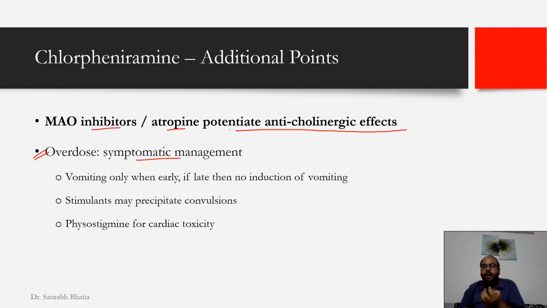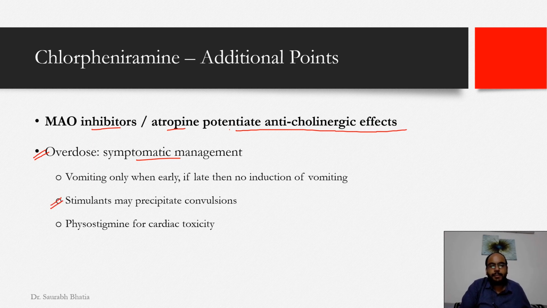There's a chance of aspiration of vomitus while you're inducing vomiting, and aspiration can lead to aspiration pneumonia, and that's a very serious side effect. So if during the initial stages the patient comes to you, you can induce vomiting, but in later stages when sedation has started to come in, it's better not to induce vomiting. Better is to put a Ryle's tube and maybe gastric lavage. That is a much better option.